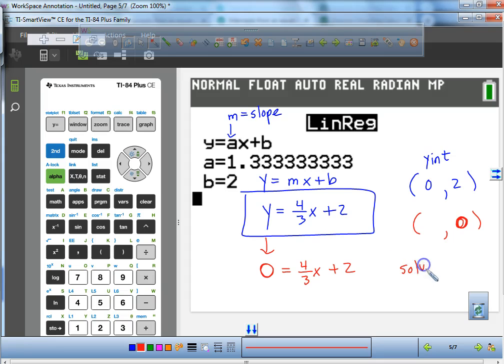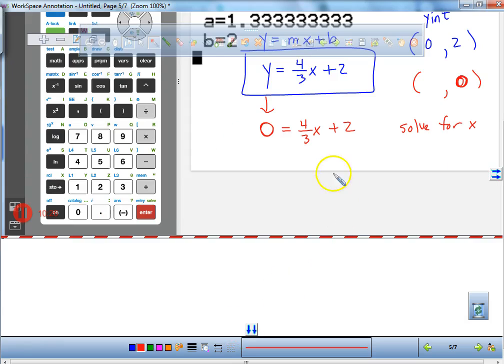We have to solve for what letter? Solve for x. So how do I solve for x? Well, I'm going to take away 2 from this side and take away 2 from this side. What are you left with? Negative 2 equals 4/3 x. But Mr. Min, this is fractions. We hate fractions. But all we have to do is multiply both sides by the reciprocal.